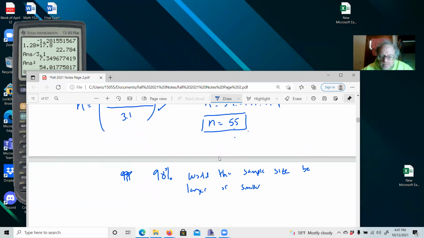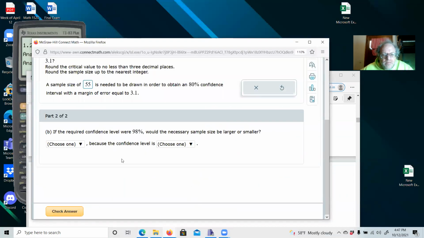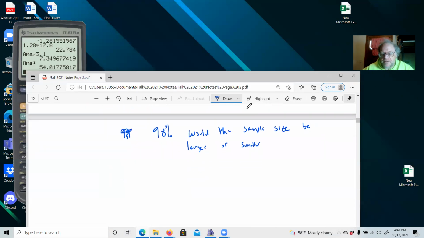I think that's what they're asking here. Everything else is the same except the confidence level. The margin of error is the same, but we're going to see what happens if we change the confidence interval.